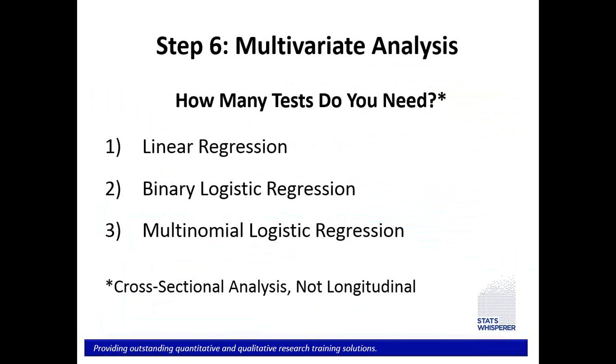Now by the asterisks, keep in mind, this is because we're doing a cross-sectional analysis, meaning there's one time point, so there's one dependent variable measurement. If we were doing a longitudinal study, we would use different multivariate tests. But for our cross-sectional study, essentially these 3 are what we need.